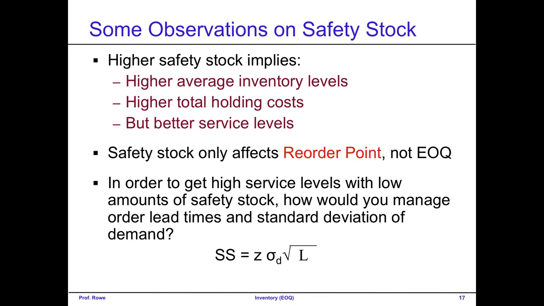And then again, to help build some intuition, here is a question: in order to get high service levels with a low amount of safety stock. So I want high service levels. Well, as this Z increases, we want our service level to increase, but we want our safety stock to decrease or be as low as possible.